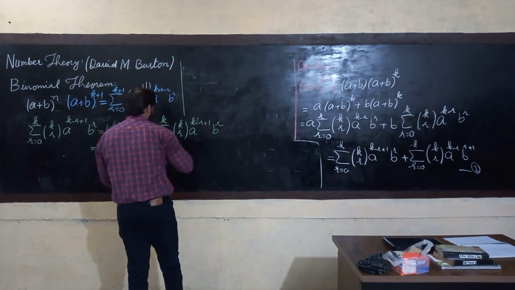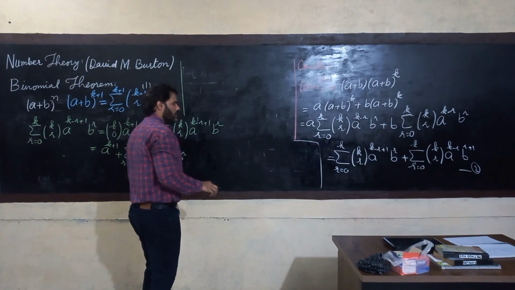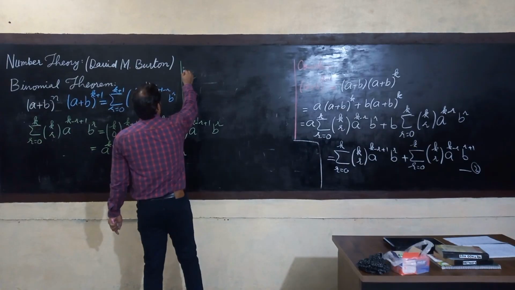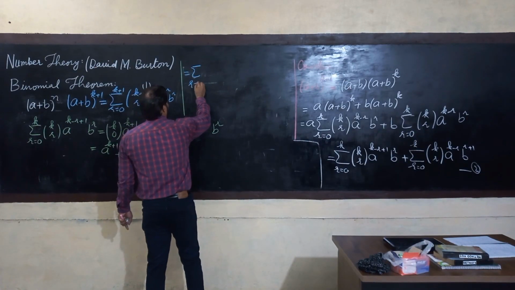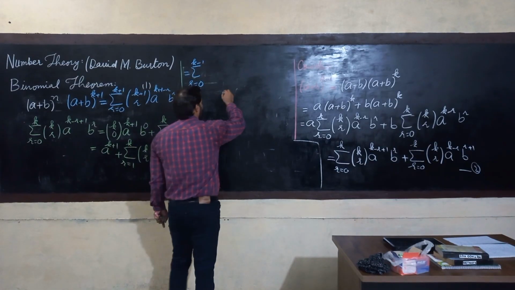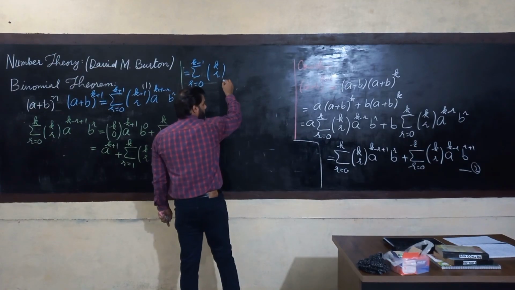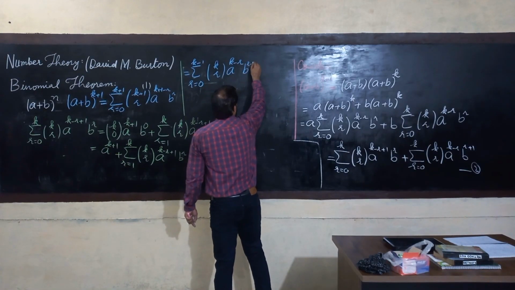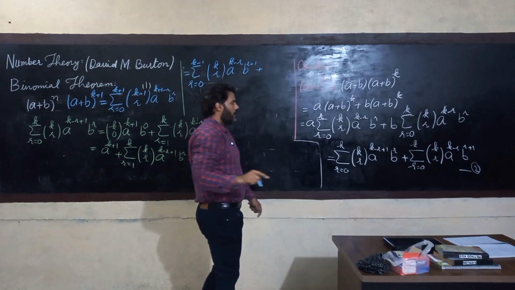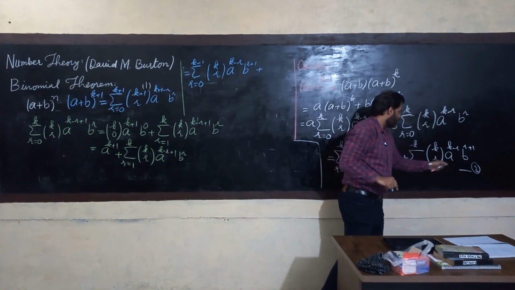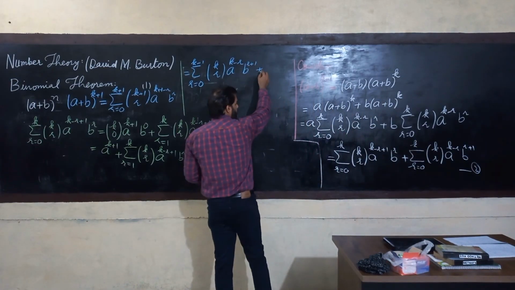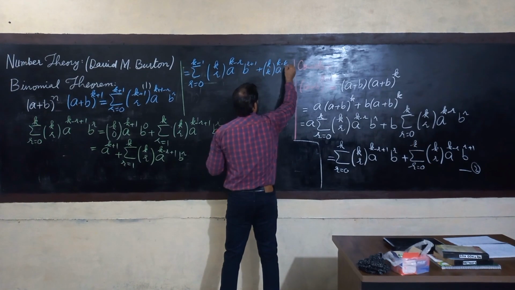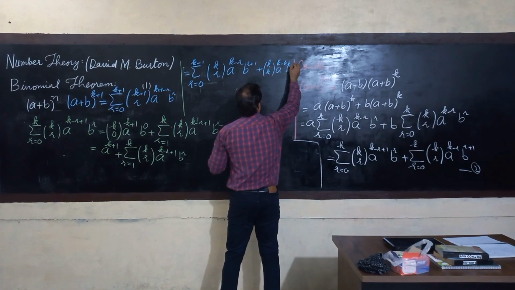Next, the second summation, if we put r is equal to k here, and the last term, the second summation for r is equal to 0 to k minus 1, k choose r, a raised to power k minus r, b raised to power r plus 1, plus, if you put here r is equal to k in these terms, k choose k, a raised to power k minus k, and b raised to power k plus 1.